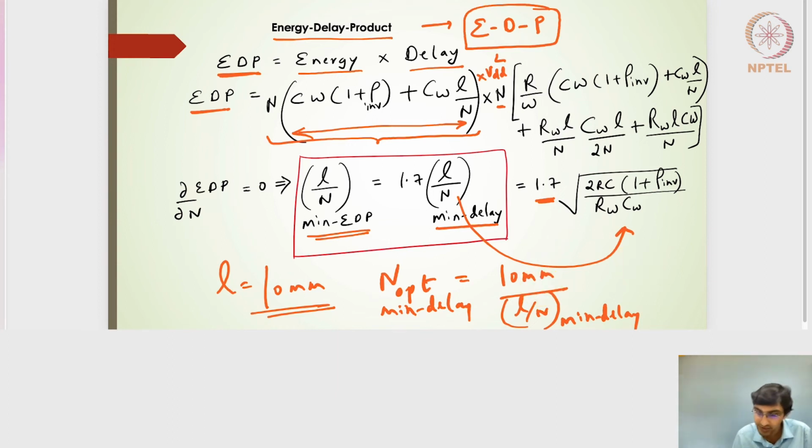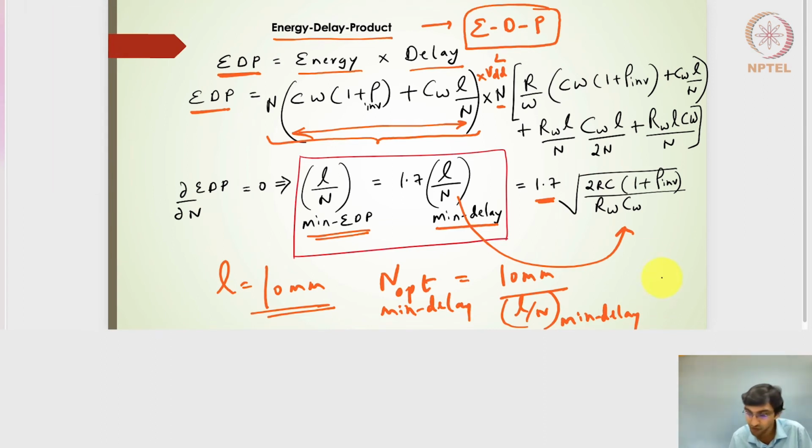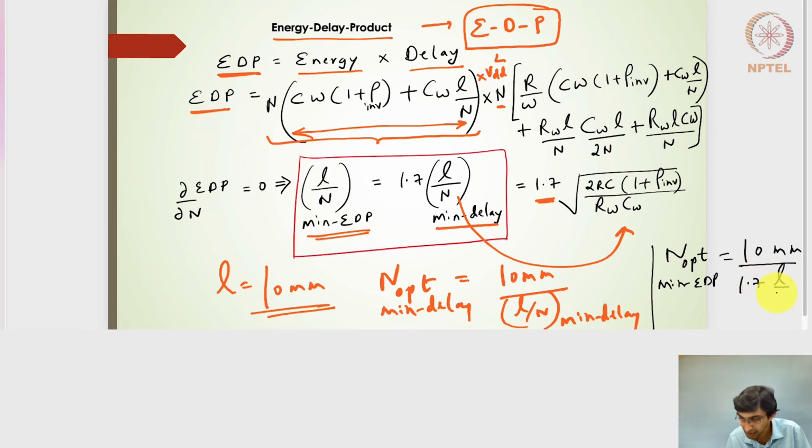Now if I try to find the optimized number of segments for achieving the minimum EDP, for the same length of the wire, 10 mm divided by L by N for the minimum EDP, which is nothing but 1.7 times L by N for the minimum delay.